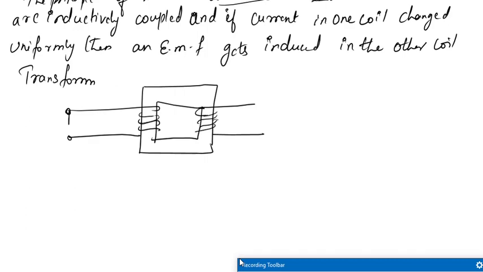Okay, and we'll have an AC supply here, and on the other side we give the load.